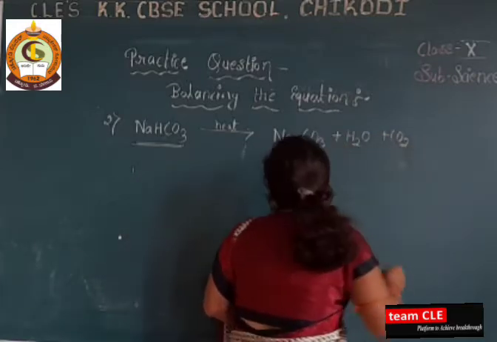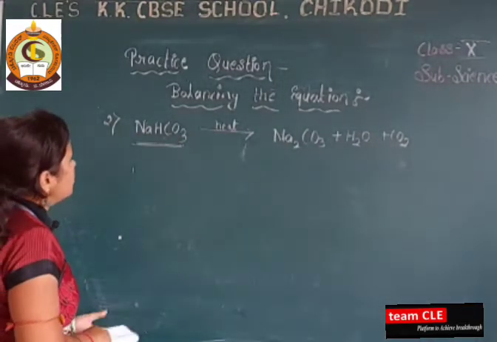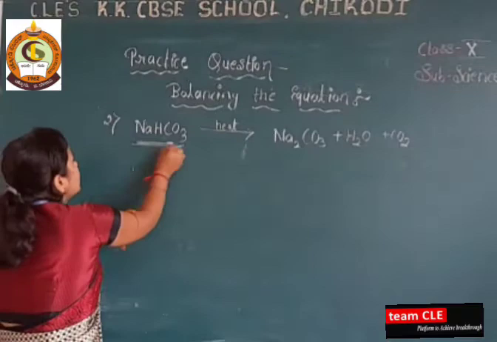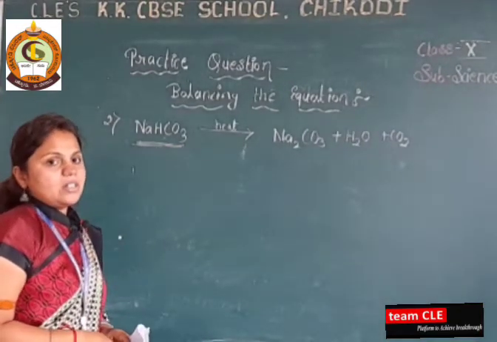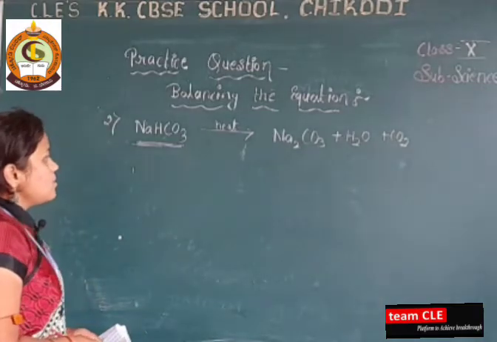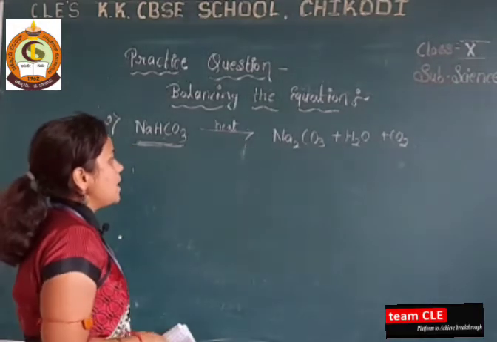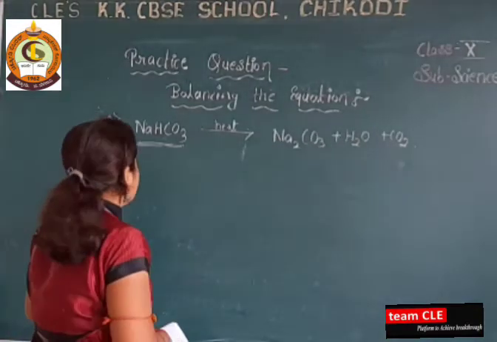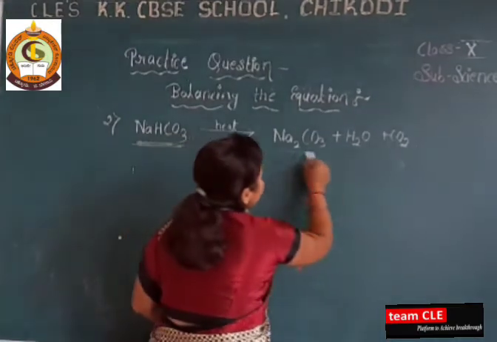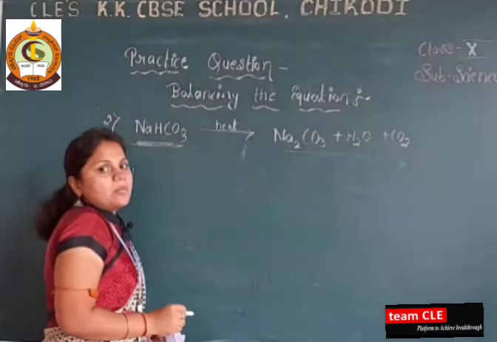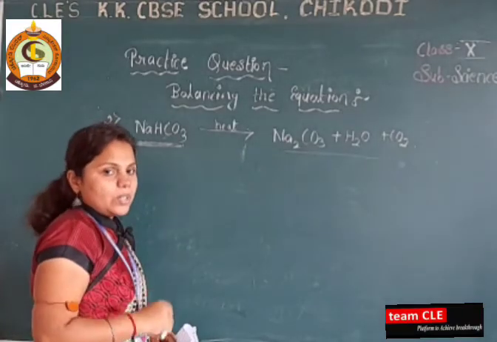CO2. So dear students, when you are going to balance this chemical equation, sometimes you will get confused. Oh my God, how can we balance the chemical equation, because the reactant is only one, but here the products are 3. There are not 2 reactants, only one reactant is there.